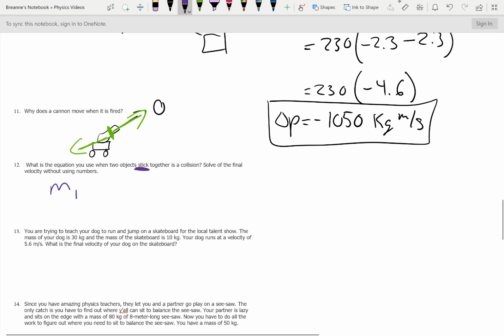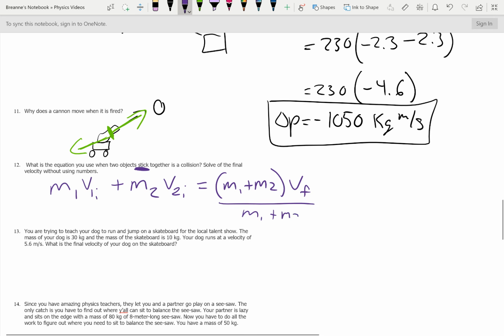You're going to have the mass of the first object times its initial velocity, plus the mass of the second object times its initial velocity, equals mass 1 plus mass 2 times your final velocity. Because they stick, your velocity is going to be the same for both of them. You're solving for your final, so you just have to get that over. So there you go.